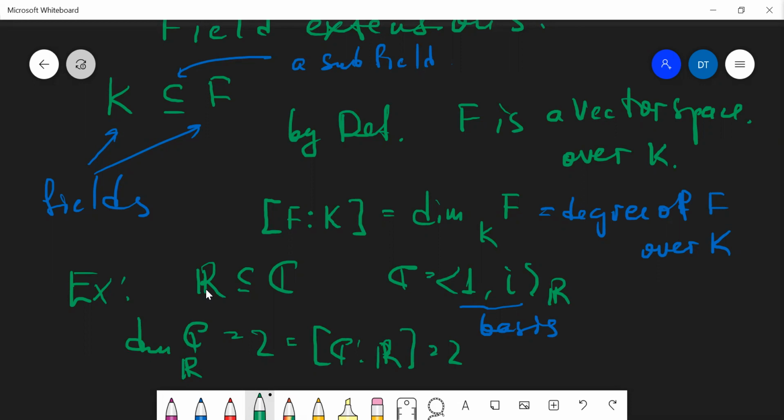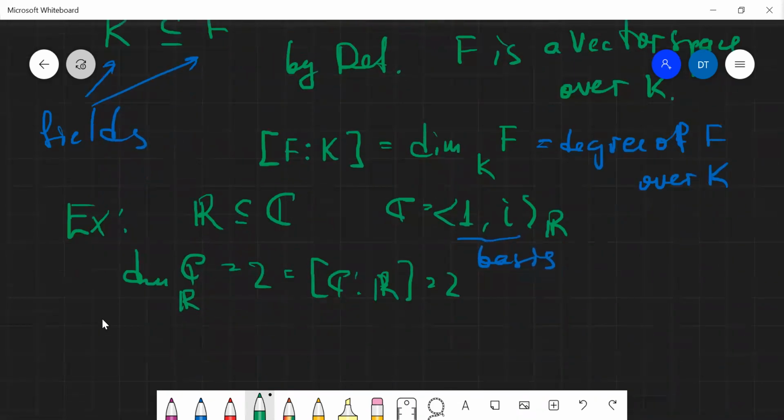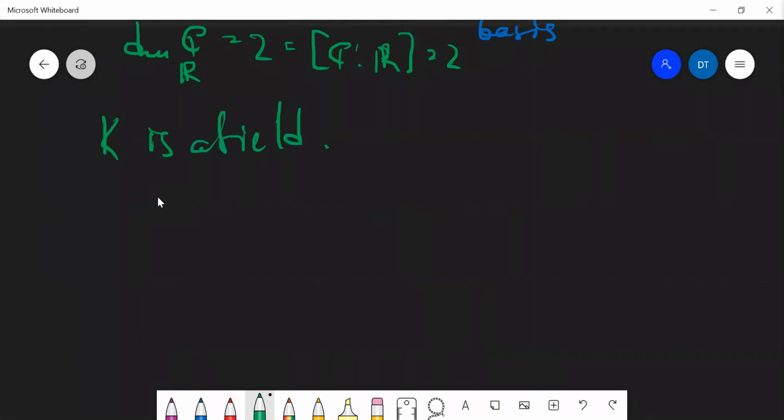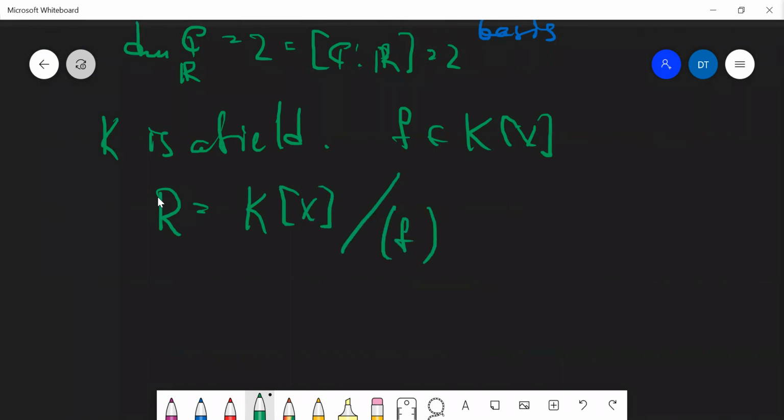Okay. Now, suppose we're given a field K, and we want to find a larger field. How do we do that? Well, here we can use the ring of remainders from the previous lecture. So suppose K is a field. Consider a polynomial f of K of x. Then we may produce the ring of remainders, K[x] quotient by f. Now, an interesting question.